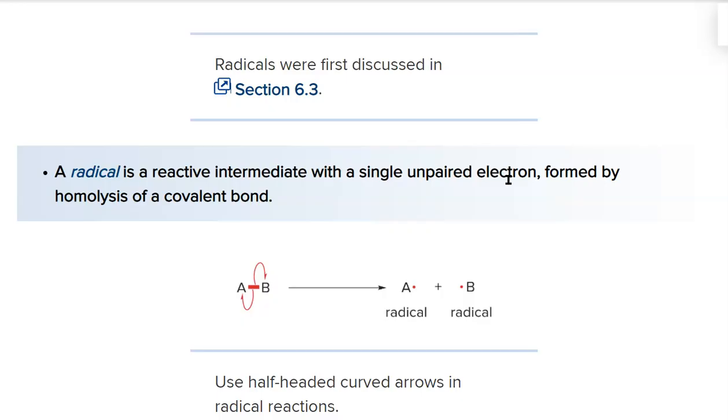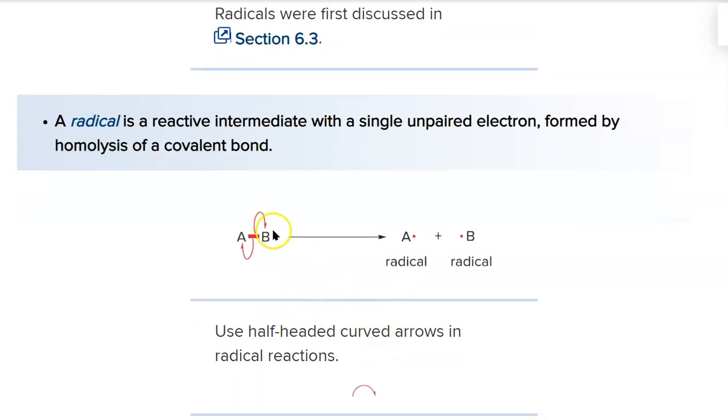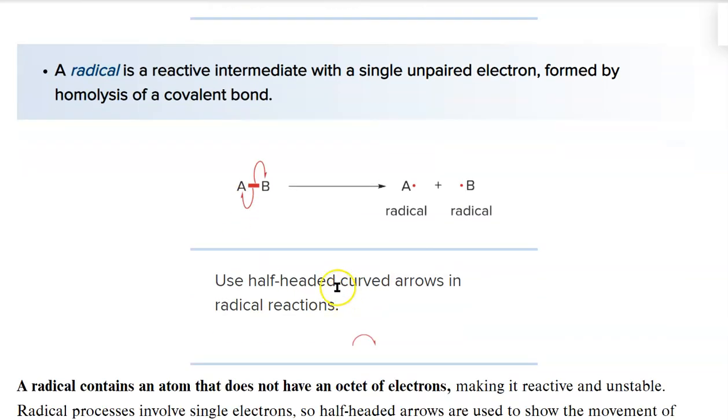It is an unpaired electron, a single electron. So, things that have unpaired electrons are called radicals. Sometimes they're referred to as free radicals. Once again, we use half-headed curved arrows to show one electron, one electron.